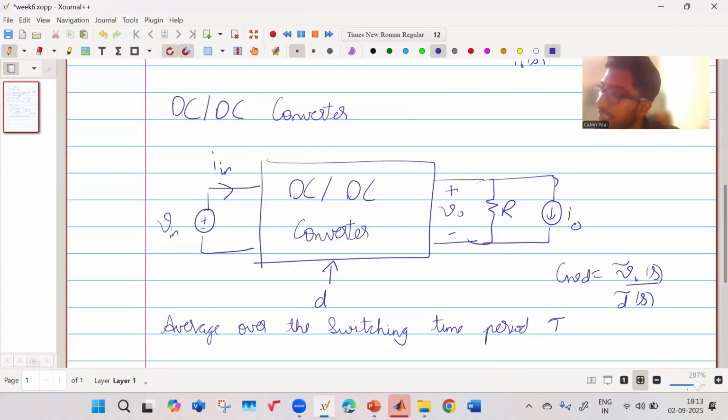That means whatever the change in your control input, how does it affect your actual output? That is the significance of this transfer function. You will use it a lot when doing voltage mode control, because you want to see, if you change your control input, how your output changes.